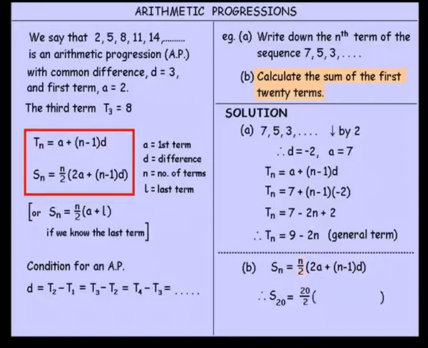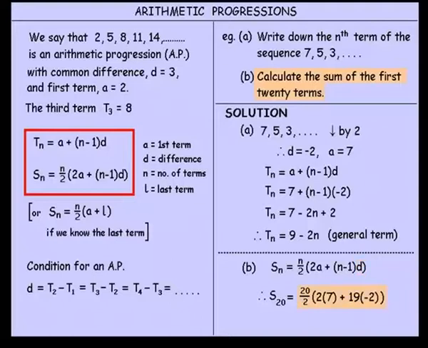Then in brackets, 2 times a, where a is 7. n minus 1, well we know that n is 20, we're talking about 20 terms, so 20 minus 1 is 19. And we're multiplying the 19 by the difference, which is negative 2.